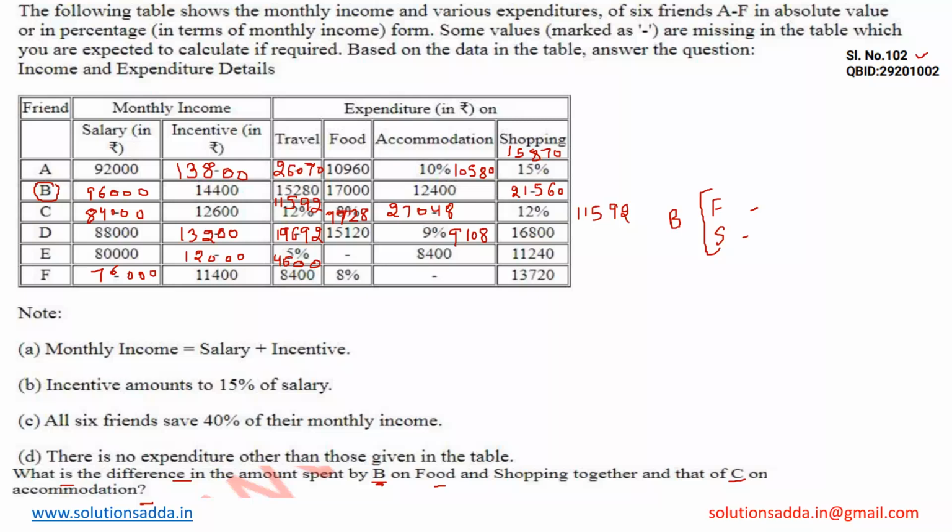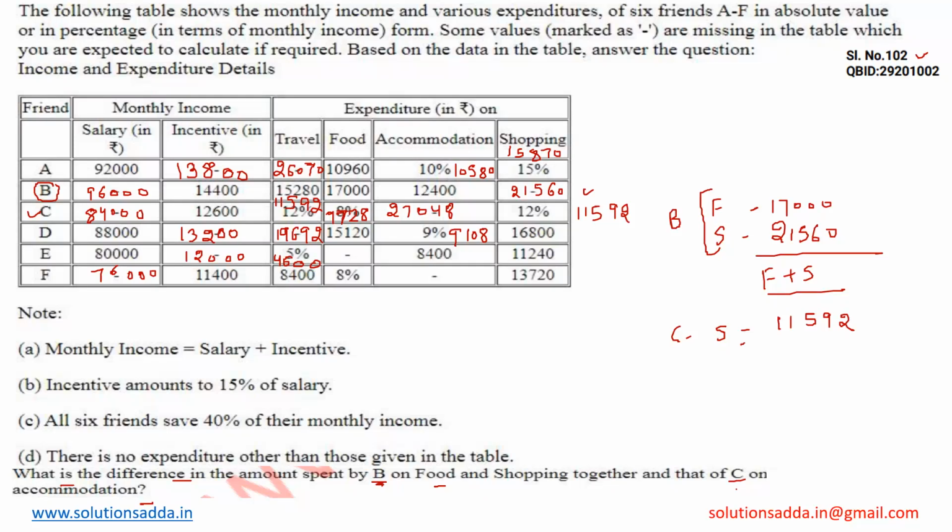Here the amount spent by B on food and shopping: you can check from the table, the amount of food is 17,000 and the amount on shopping of B is 21,560. Here you can check this row. So by adding these values, food plus shopping, now compare it with the amount of C. In the row of C, you can see the amount spent on shopping, that is 12% of the monthly income, equal to 11,592.